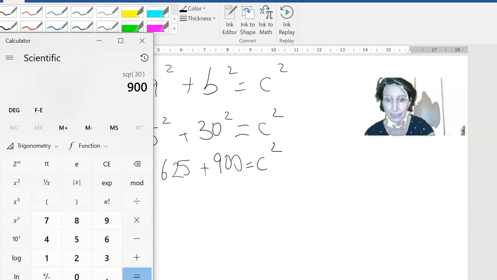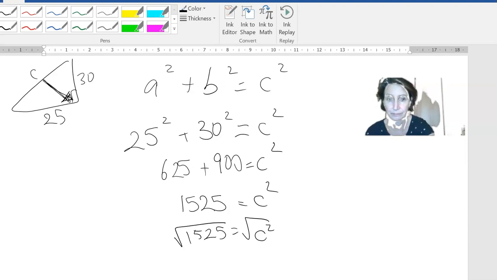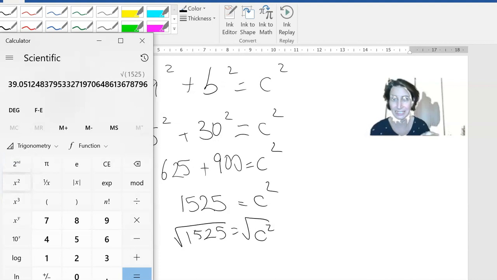Now we add the 2 things together, 625 plus 900 is 1525 equals C squared. We now need to take the square root of both sides. And there's my square root button. And there's the answer, 39.05124.